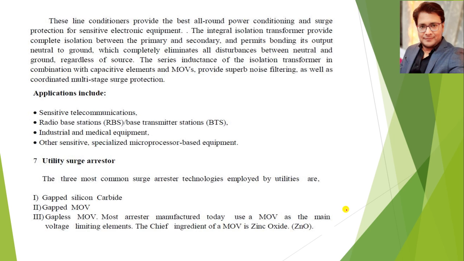This line conditioner provides the best all-round power conditioning and surge protection for sensitive electronic equipment. The integral isolation transformer provides complete isolation between primary and secondary, and primary bonding its output neutral to ground, which completely eliminates all disturbance between neutral and ground regardless of source.